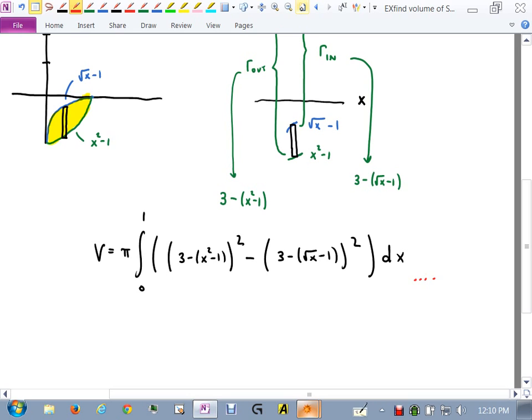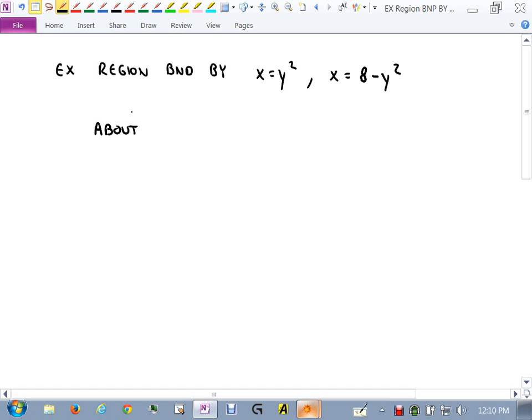Okay, what about this? How about we want to do something like the region bounded by x equals y squared and x equals eight minus y squared, about the y-axis.